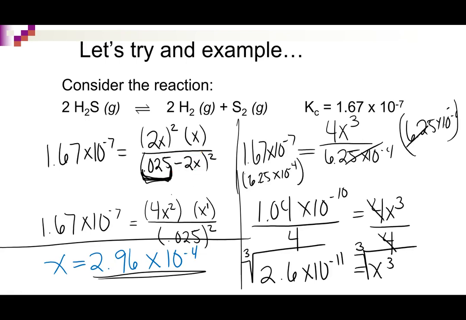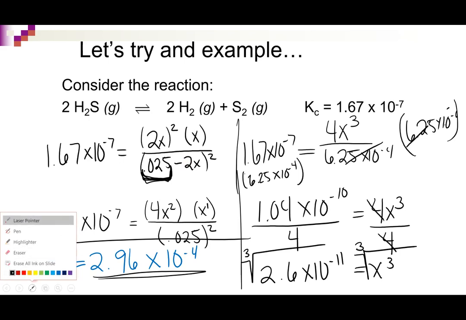What we're saying is that x is so small, this right here, is so small that we take 0.025 minus 2x, and it is not going to change that number significantly at all. So if we think about this as being 0.025000000, it's not going to change this number until we get to the next fourth or fifth decimal place. That's where it's going to start to change this number.